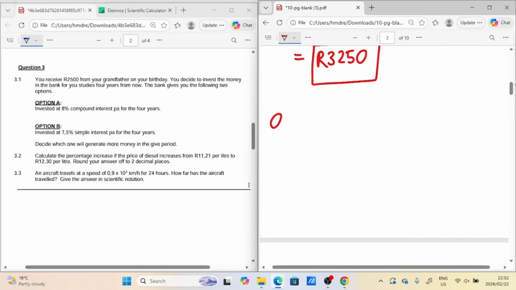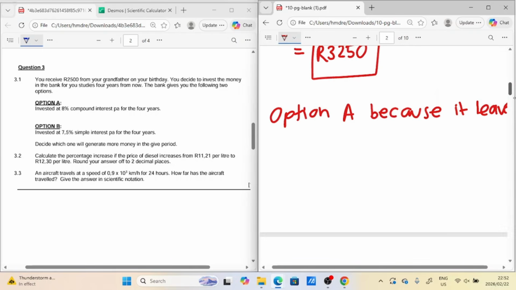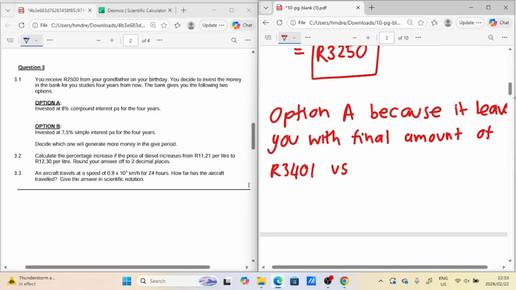So our answer is option A, which we kind of knew because compound interest generally is better than simple. Versus B, 3,250.